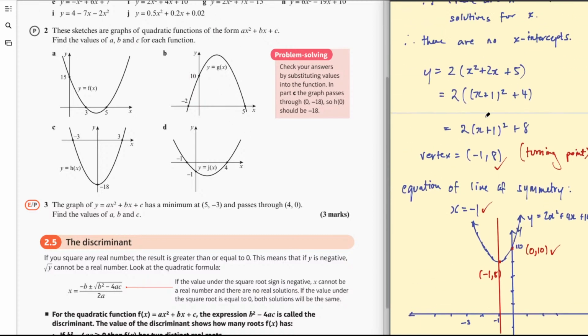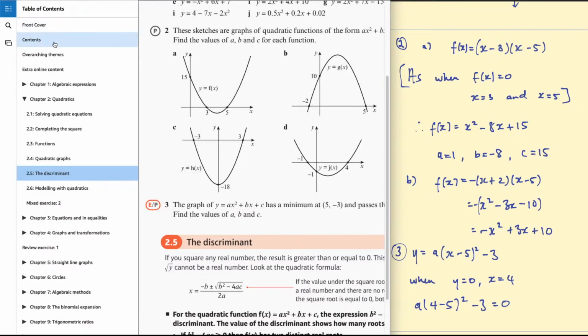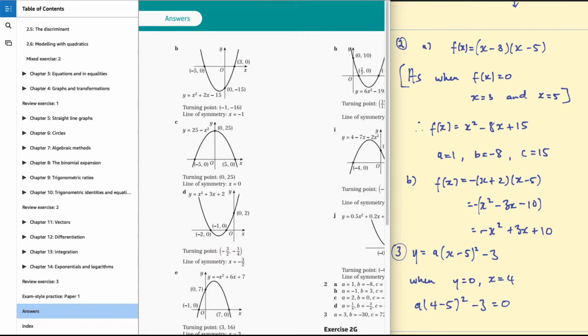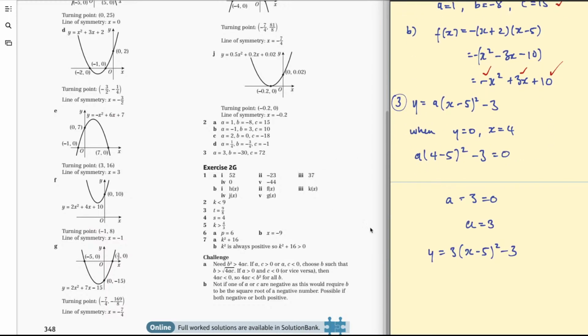Okay, so now I want to go ahead and check those couple of problems. This was 2F again. A: 1, negative 8, 15. B: negative 1, 3 and 10. And 3. Oh.